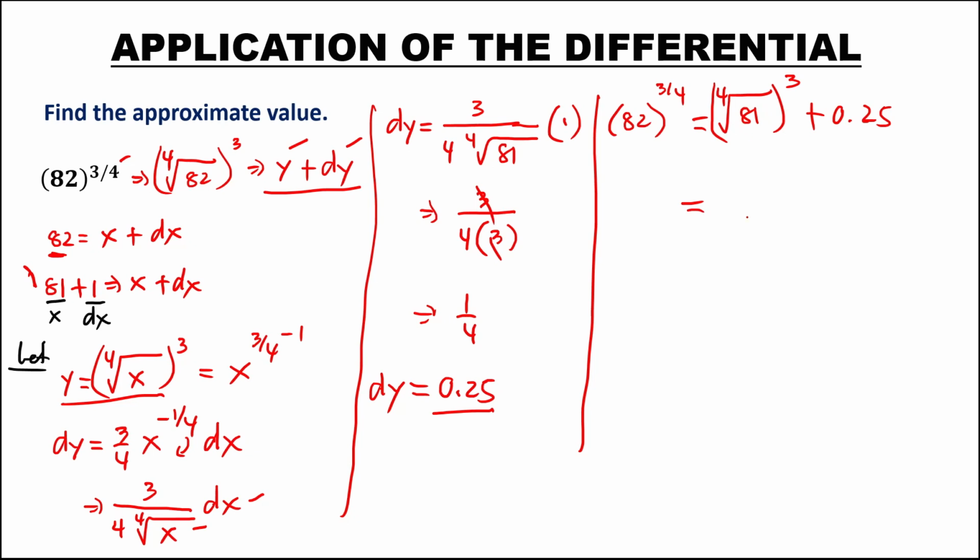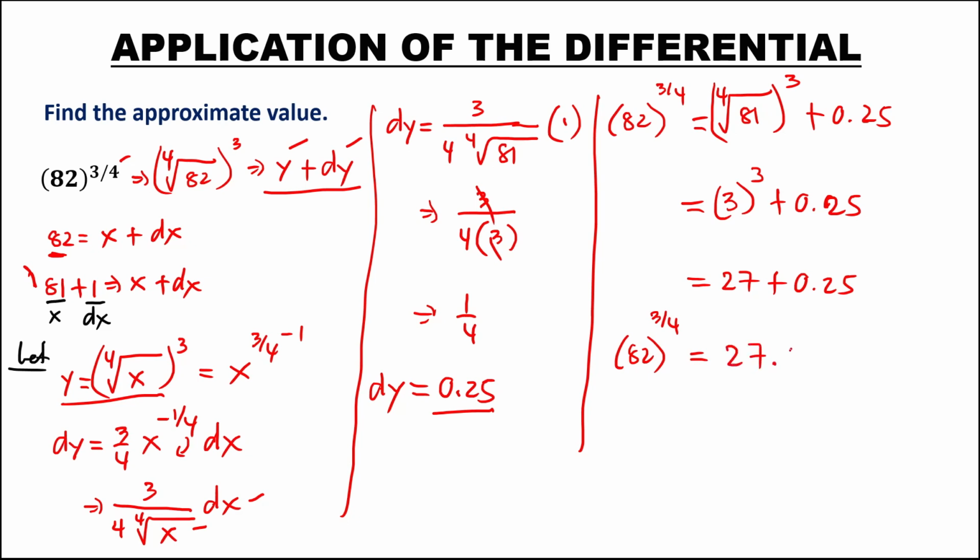The fourth root of 81 is 3, then to the power 3 plus 0.25, and 3 to the power 3 is 27, plus 0.25. Therefore, the approximate value for 82 to the power 3 over 4 is 27.25.